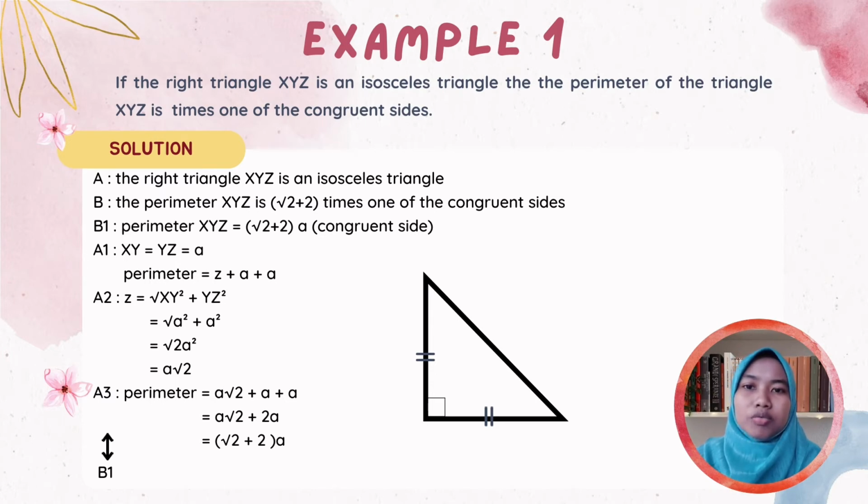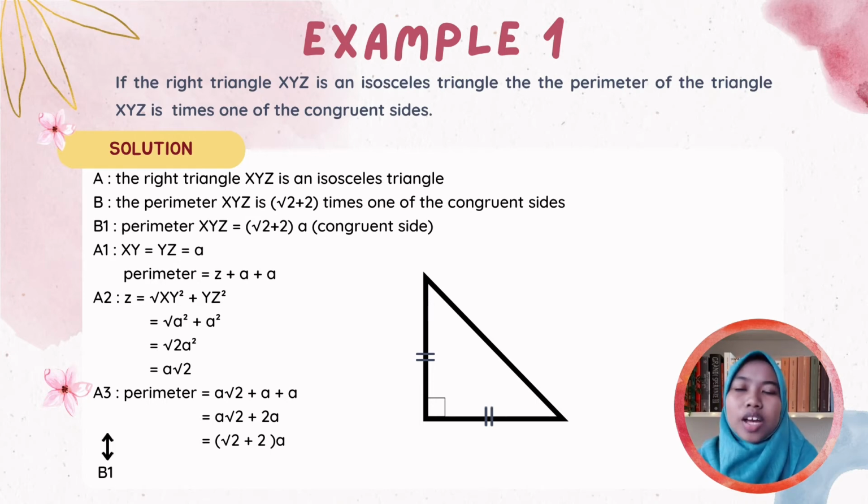A1, we must find the isosceles triangle in terms of a, which is XZ equal to YZ equal to a. Perimeter equal to z plus a plus a. Next, A2, we must find the side z. z is equal to square root of a to the power of 2 plus a to the power of 2, equal to a square root of 2.